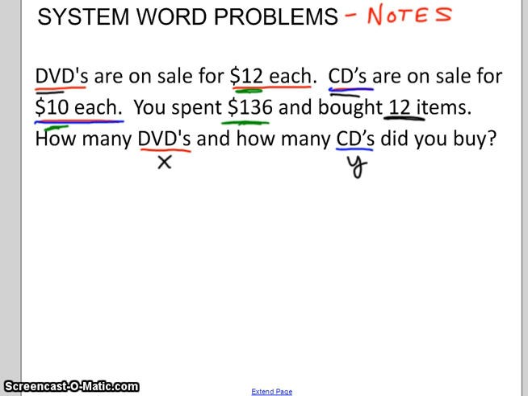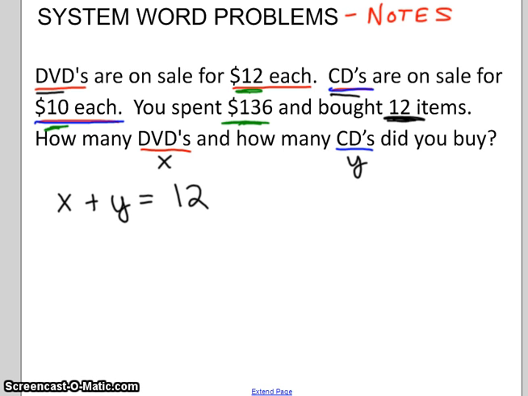Well, we bought 12. So with DVDs and CDs, we bought 12 of those. So it's DVDs plus CDs equals 12. Those are the amount of items we bought. We don't know how many DVDs we bought, so that's x. We don't know how many CDs we bought, that's y. But together we know that it was 12.